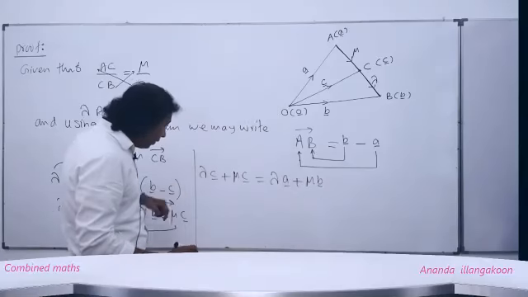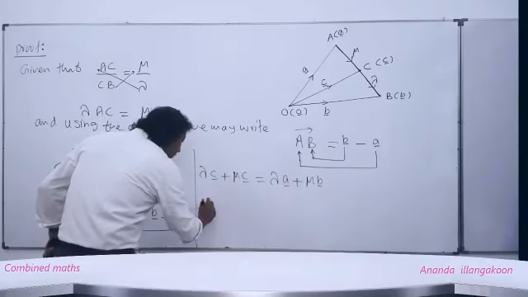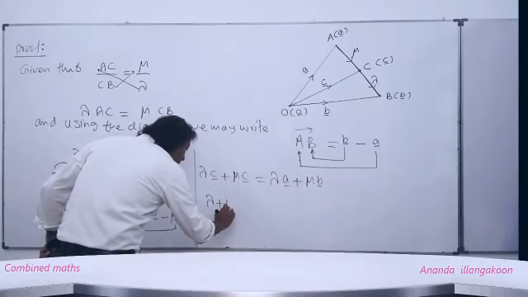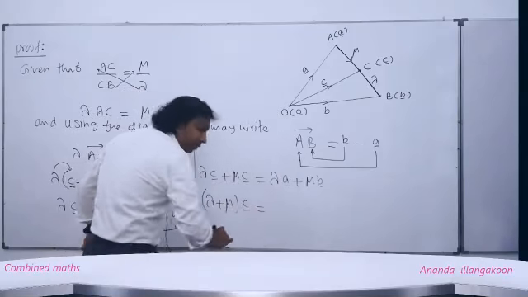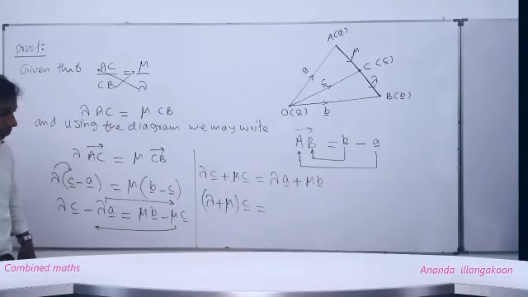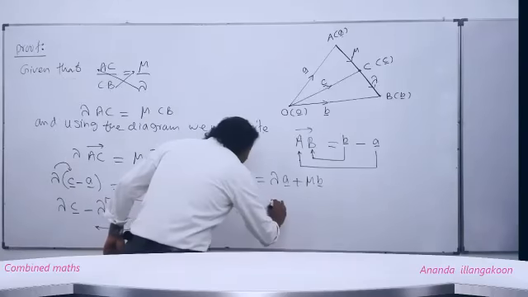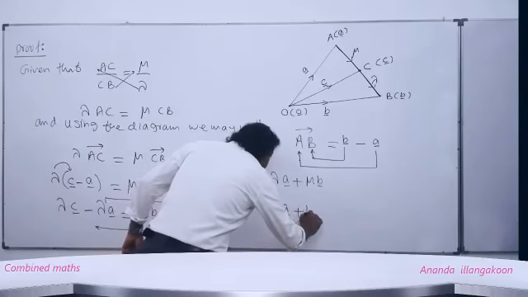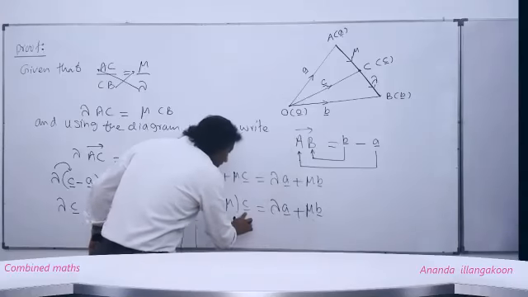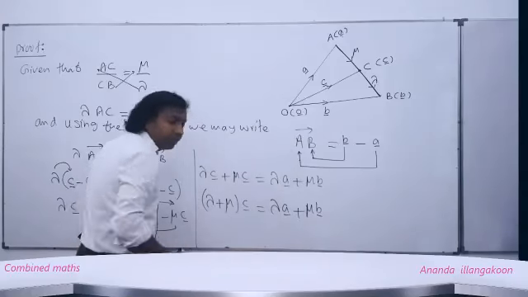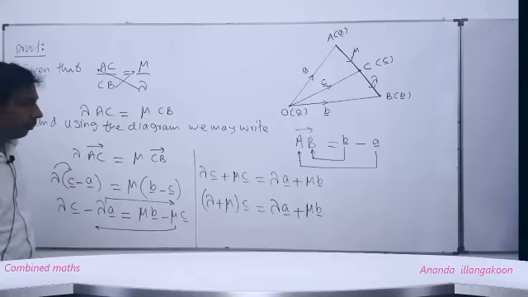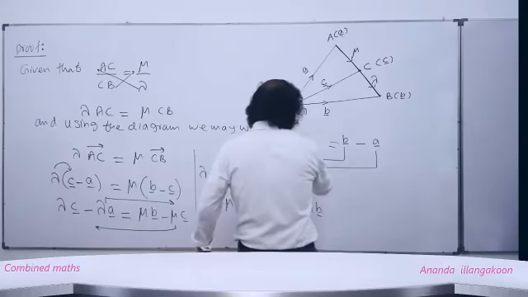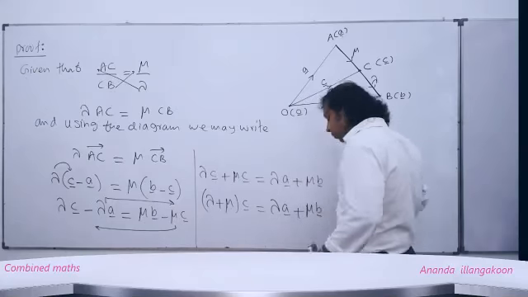You can take this C vector out of a bracket because it is common now, equals lambda A plus mu B vector. Now to make C the subject, divide the right hand side by lambda plus mu. Then we get vector C.